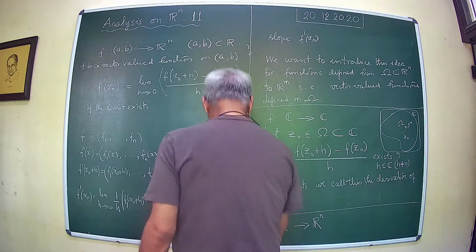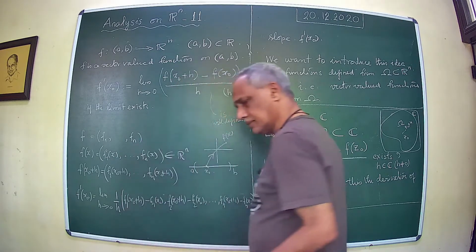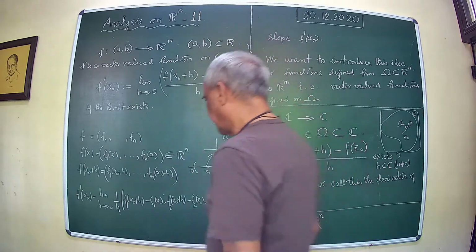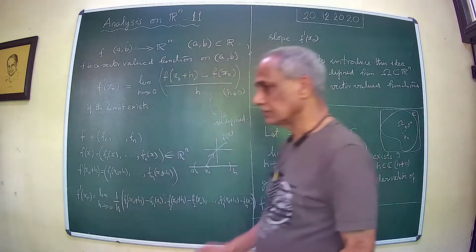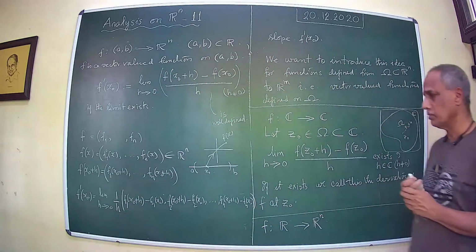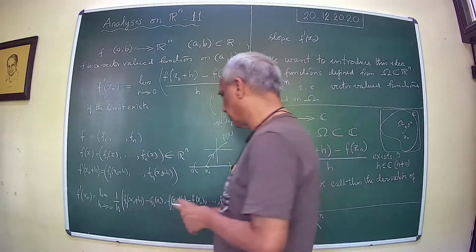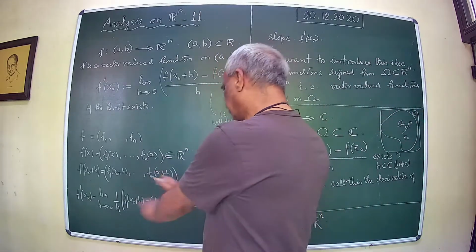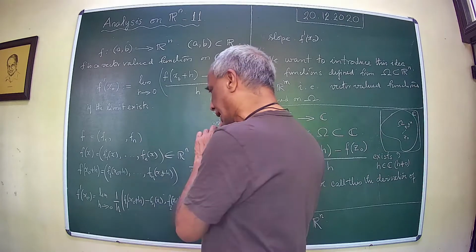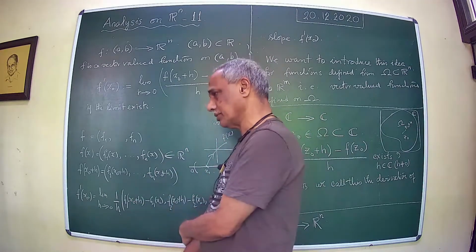This is just the vector addition. And h is a real number which is not equal to 0, therefore 1 by h is defined as a real number, therefore you can multiply that. So everything is well defined, and you can ask the question whether the limit exists or not.